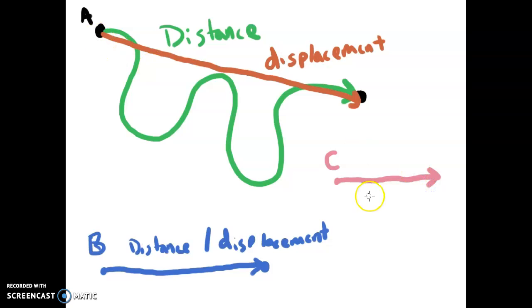I'm going to draw this a little bit darker, following the same path, right? In this case, even though particle C is traveling in a straight line the whole way, right, the displacement is going to be 0, and the distance, right, obviously not 0. So distance and displacement can be the same, but only in a very, very special case.